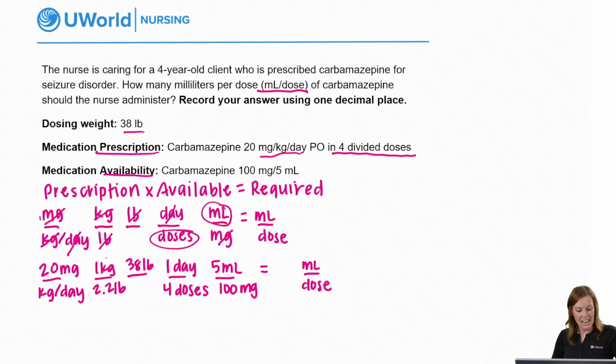Okay, so knowing this, let's see how everybody did. We'll go through and start crossing out our units. Kilograms, kilograms, pounds, pounds, day. We're left with doses down here, milligrams cross out, and then we're left with milliliters.